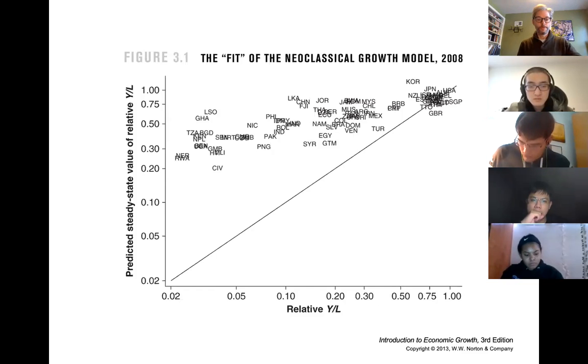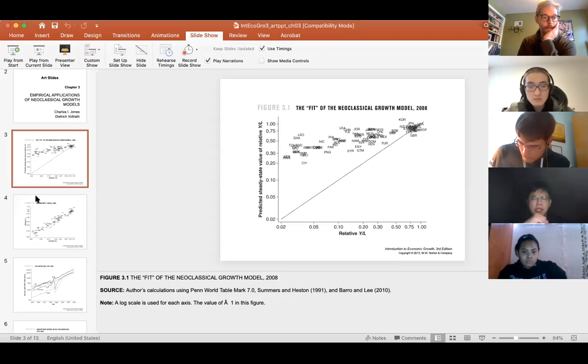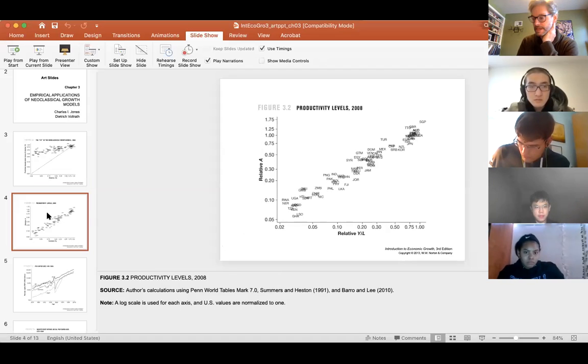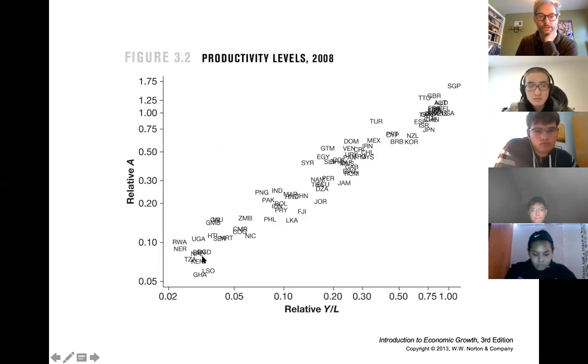To put this another way, your book says, well, listen, instead of just from the data, look at what the predicted A should be across countries. So let me back up here. If we use that formula and said our model A has to adjust so that our model perfectly predicts output, okay?